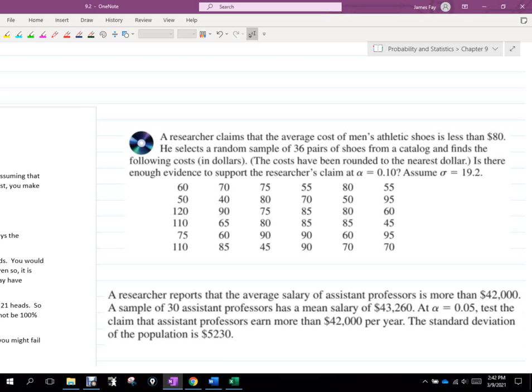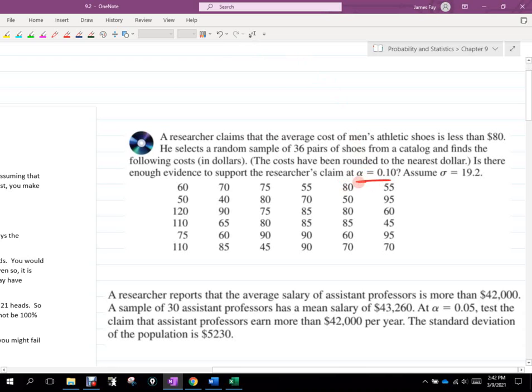We'll get to that. Right now, I'm more interested in whether we can get the hypotheses written down, get the claim established, and get the ball rolling with doing actual calculations and then the actual test. Once we have that done, maybe we'll come back and talk about the levels of type 1 and type 2 error.